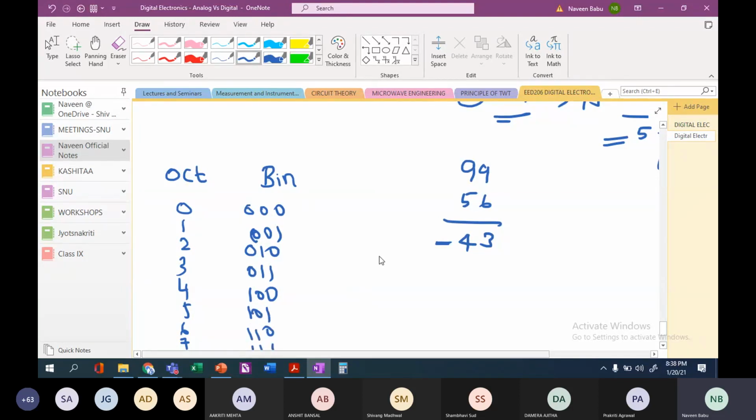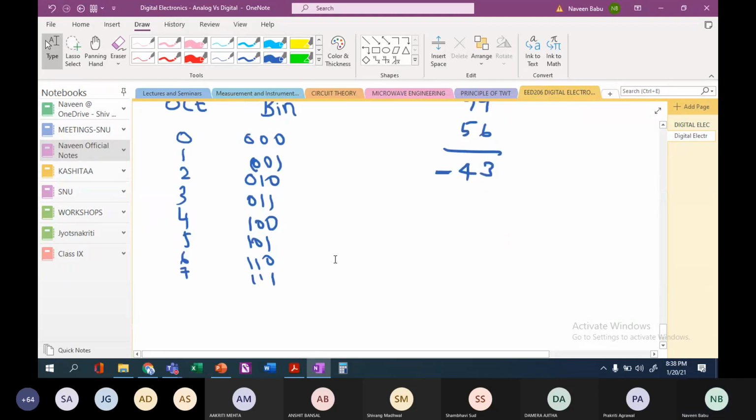So immediately you might question, how did I get this number sequence? Each binary bit has a positional weight.